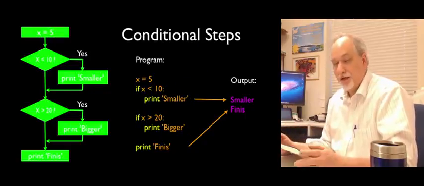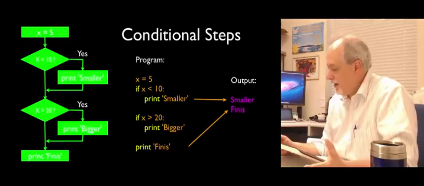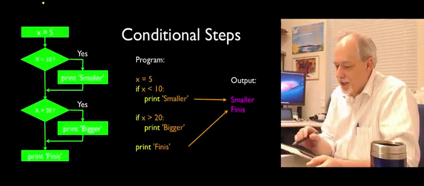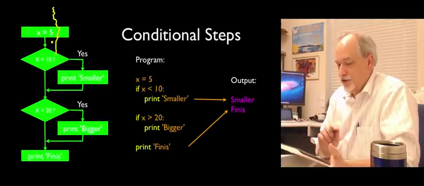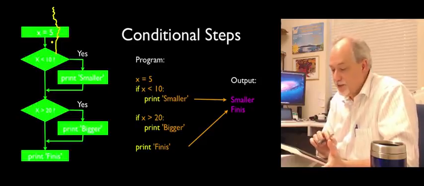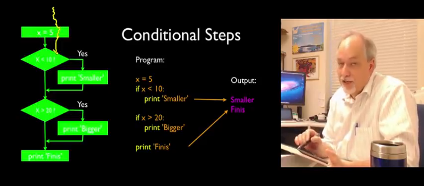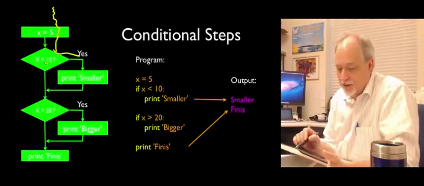Now, if we're thinking of this as like a GPS roadmap or something, we can look at this right-hand side. So the CPU comes roaring down here, x equals 5. Okay, I'll run that. Then it's faced with a choice. Is x less than 10? Yes or no? If it is yes, and it is, I will go this way. If it was no, I would go that way. So if it's yes, I go here and I run this little thing and print smaller.